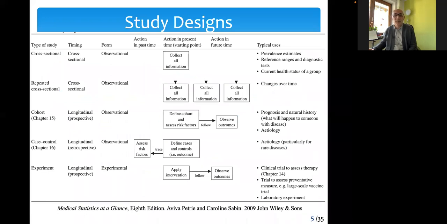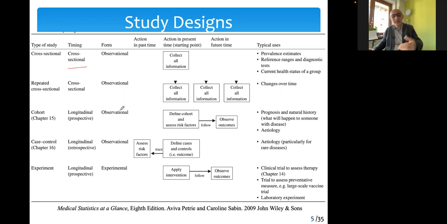This table briefly summarizes the basic study designs, namely the cross-sectional design. A cross-sectional study, as the name implies, is at one point in time. You are making some observations, and from these observations, you take a picture of that time point.